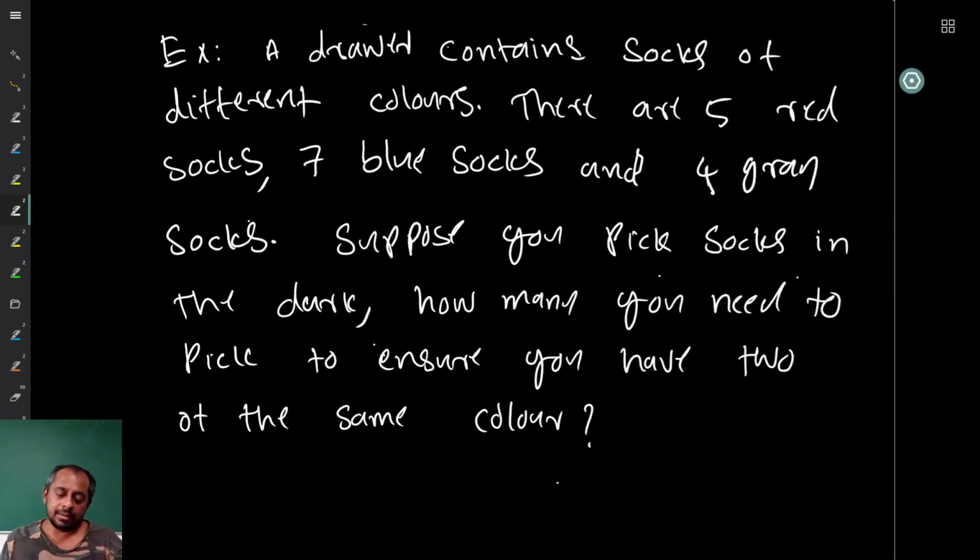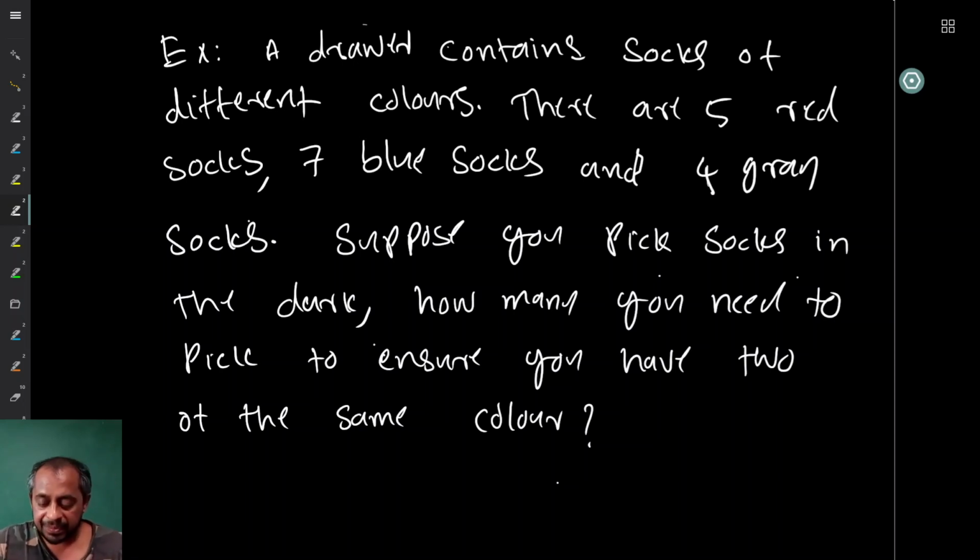Now we know that the socks are going to be the pigeons, and the colors are going to be the pigeonholes, right? Because we need to pick 2 of the same color. So therefore, we can already see that 2 of the same color must fall into one box, right? So that must be the blue box or red box or gray box.